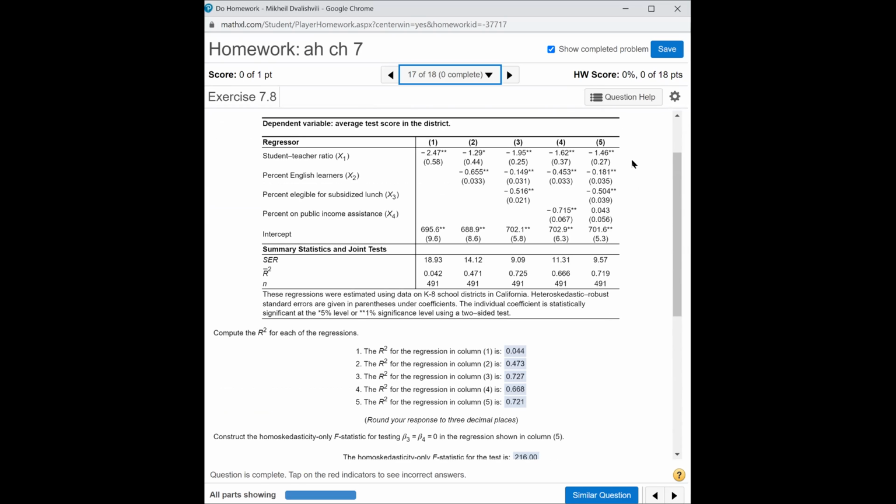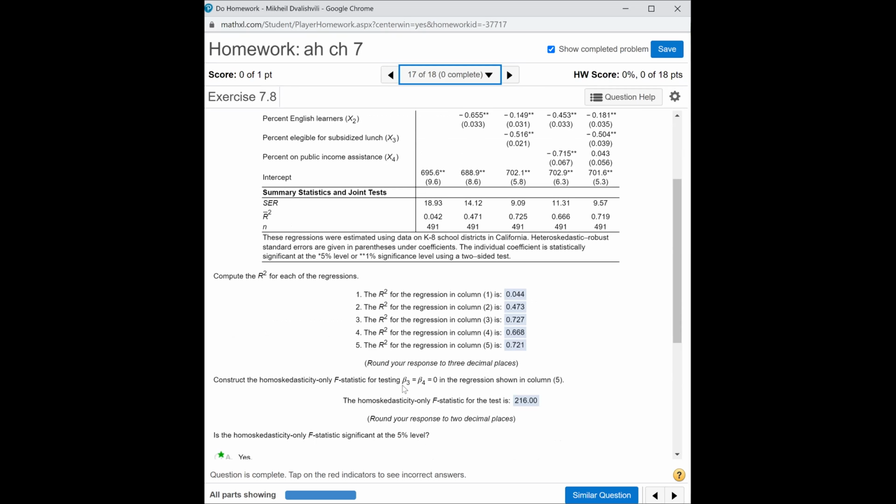So the unrestricted model here is column what? It is column 5. That's correct. Which one is the restricted model? All of them besides 5, right? No. Or 3 and 4. Oh, that's what you're saying.